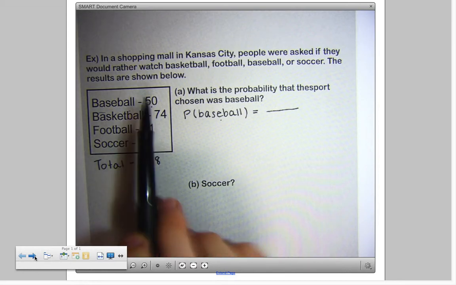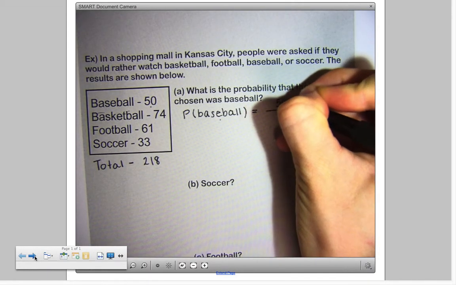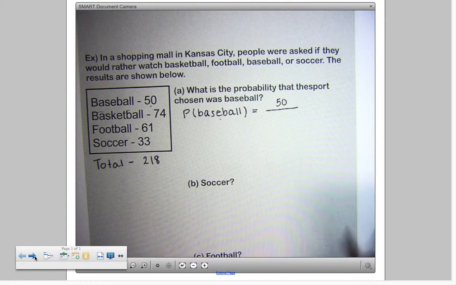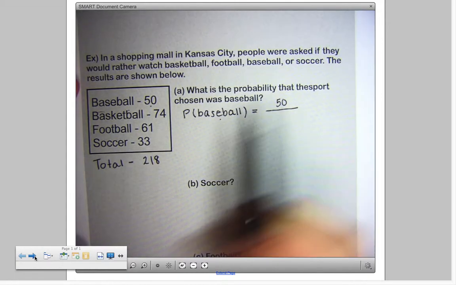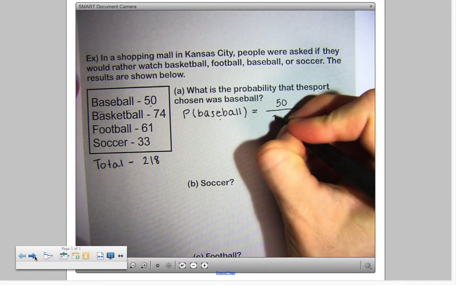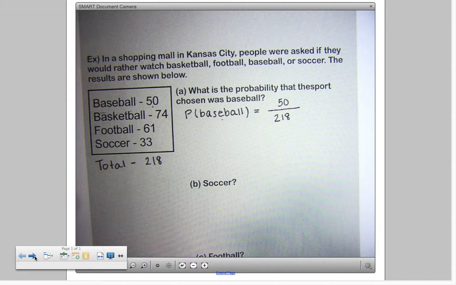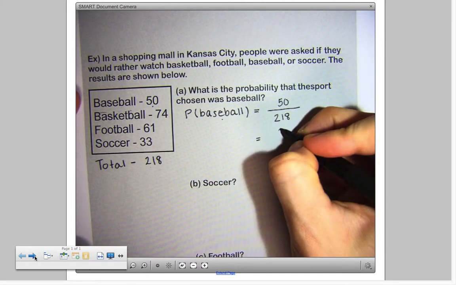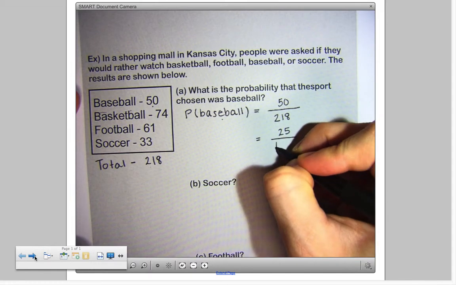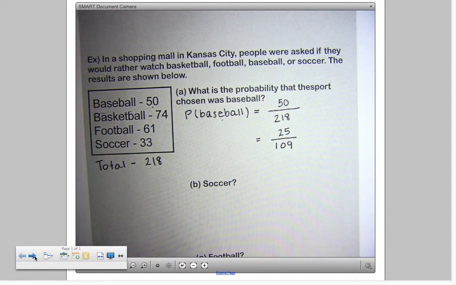Baseball, there were 50 people, so I'm going to have 50 in the numerator. My denominator is the total, 218. So 50 over 218 would be the probability. Then go ahead and write it as a simplified fraction. If we reduce this fraction, we're going to get 25 over 109. That would be the probability that somebody chose baseball.